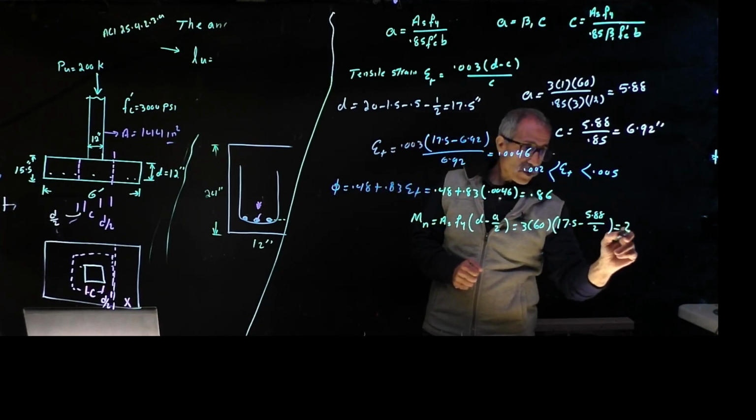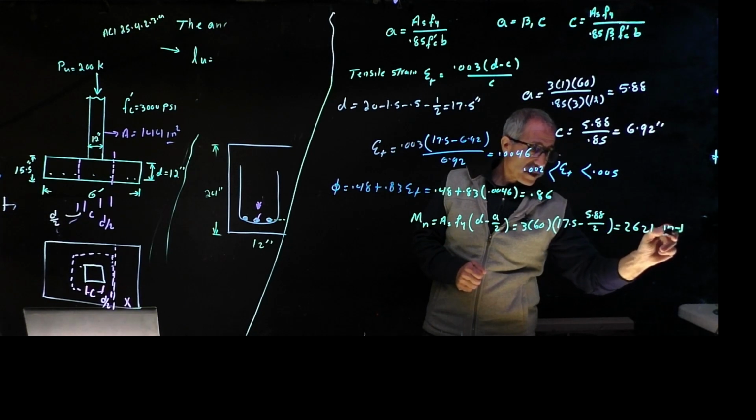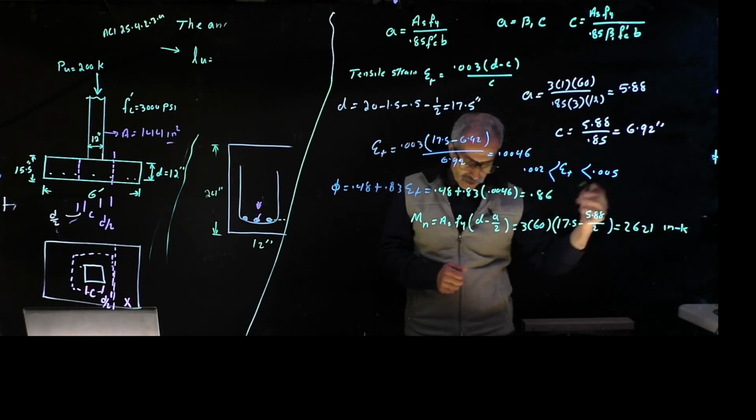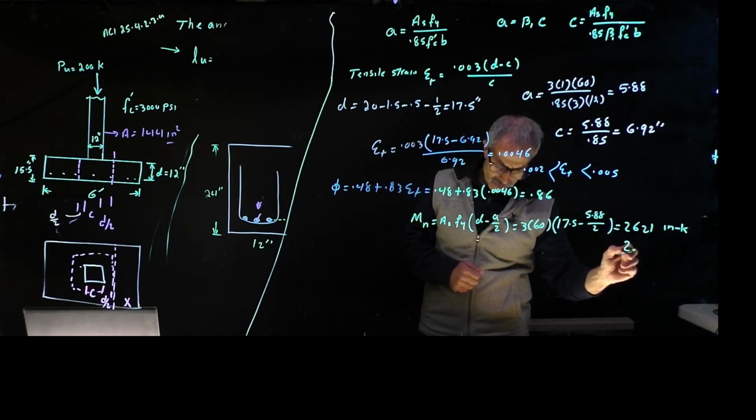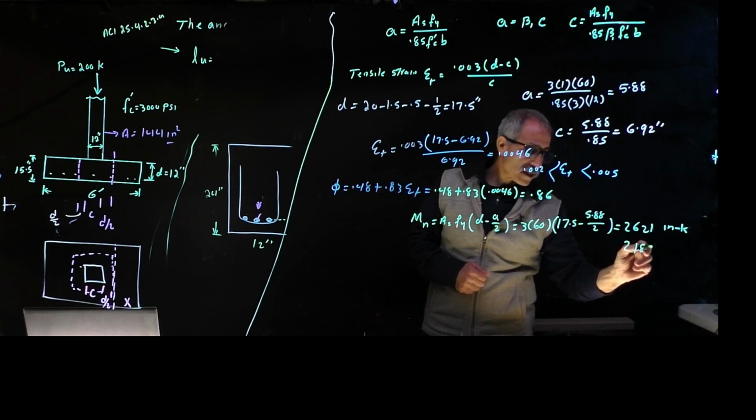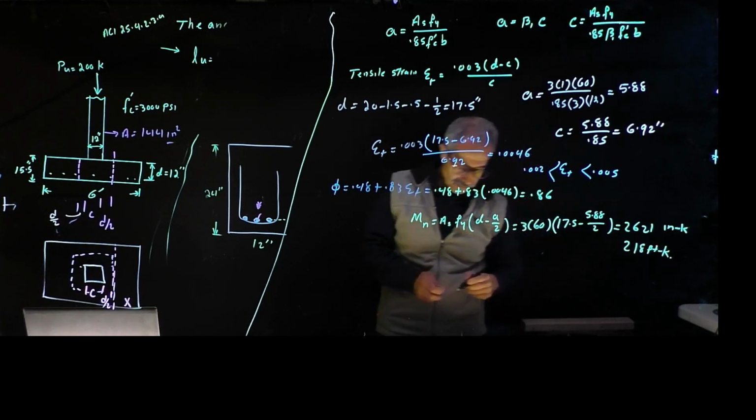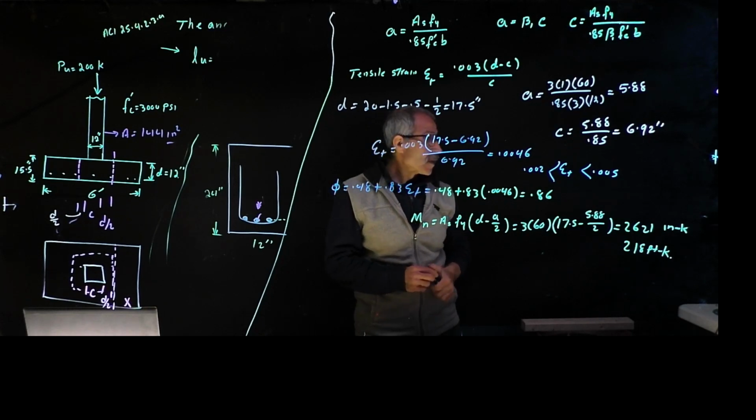So that comes out to 2,616 inch-kip. They want the answer in foot-kip, so divided by 12, it becomes 218 foot-kip.